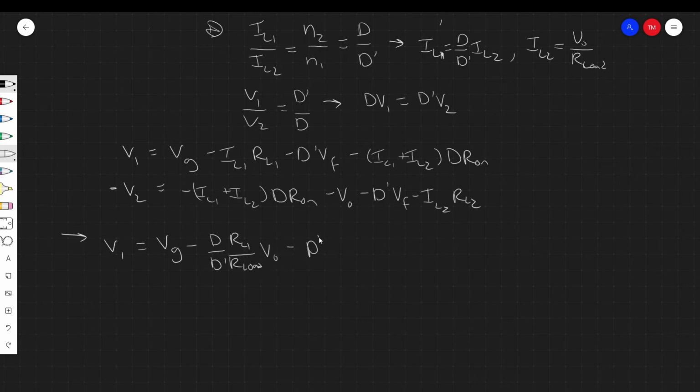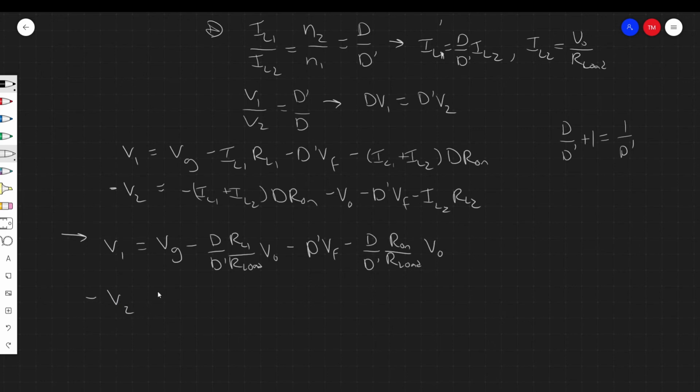Cool. Minus D prime VF. Minus IL1 is D over D prime IL2. D over D prime plus 1 is equal to 1 over D prime. Right? So this whole thing is actually equal to D over D prime R on over R load times V out. You can check that for yourselves.